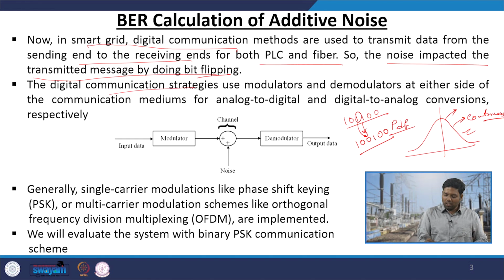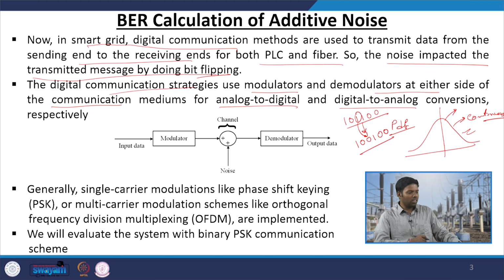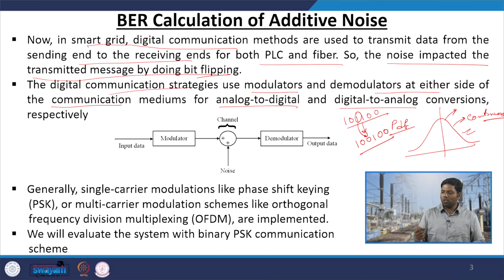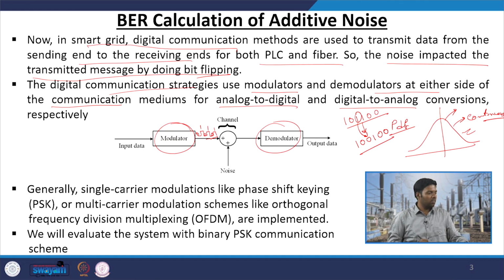The digital communication strategies use modulators and demodulators at either side of the communication medium for analog to digital and digital to analog conversion. We have already seen that you have channel encoders, channel decoders, or source encoder and source decoder. Here you have a modulator and a demodulator, where you are sending a pulse train like 10010101, and let us say here one noise has been added.